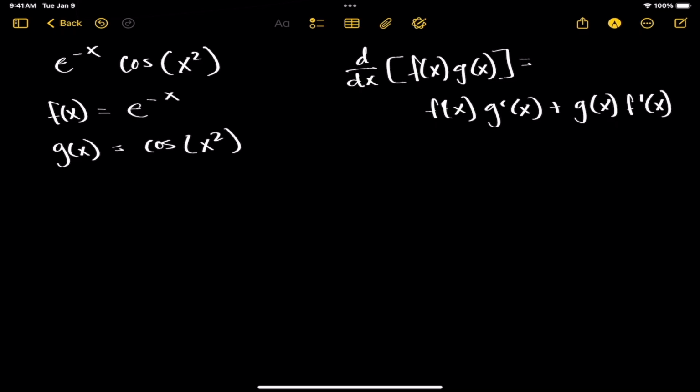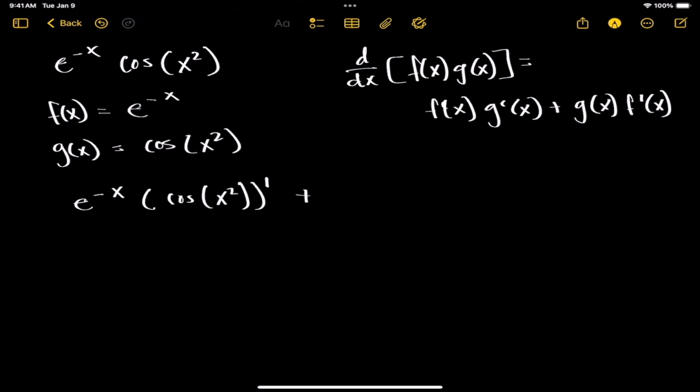All right, so let's go ahead and write that in the form of the rule here. My f of x is first, so I'm going to write e to the negative x times, and I'll write cosine x squared in parentheses because I like to write the one with the prime inside parentheses, and then the prime symbol here.